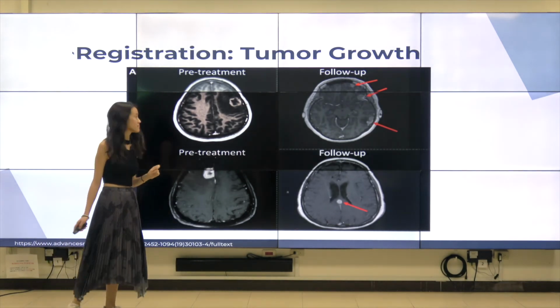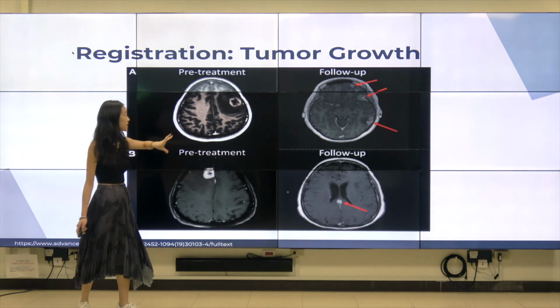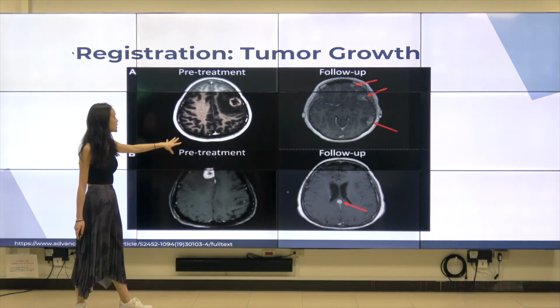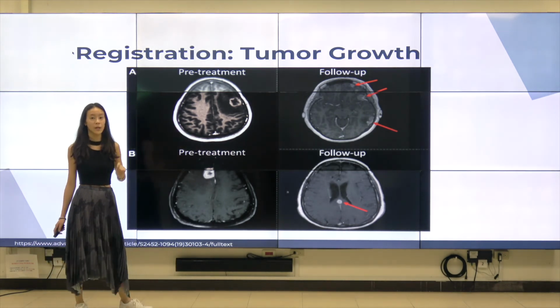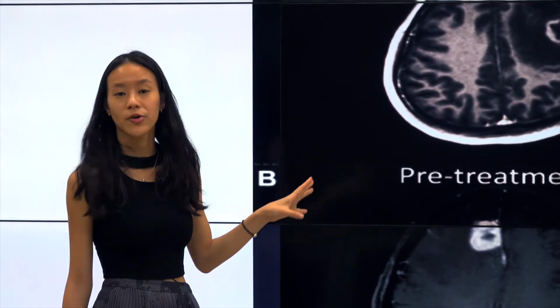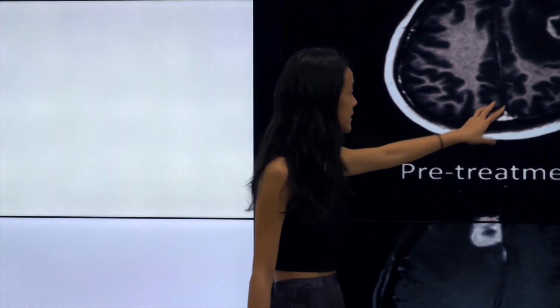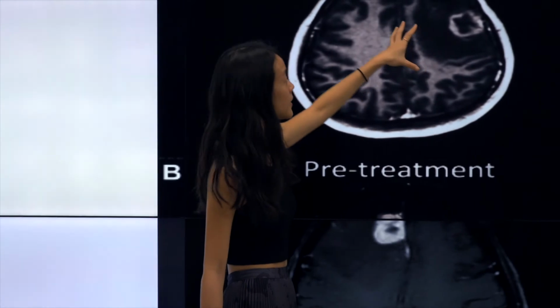So registration, let's look at the tumor growth. This can be applied to tumor growth, and you'll see here how. For example, let's say that this is pre-treatment and this is follow-up. You want to see whether or not this tumor has grown at all, or whether or not there are new tumors happening. You can see there's a big tumor here, and this is pre-treatment.